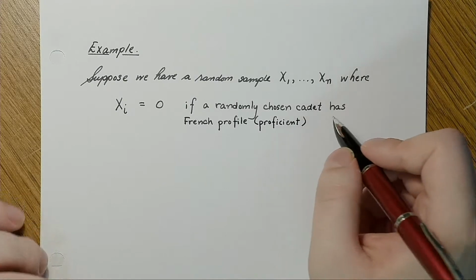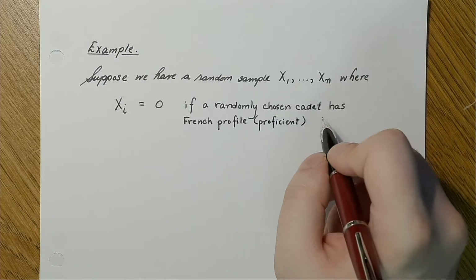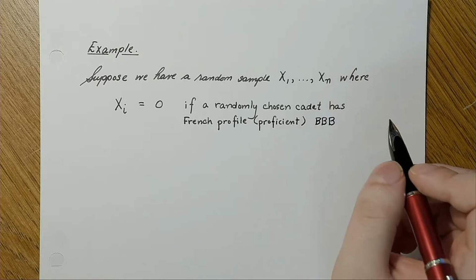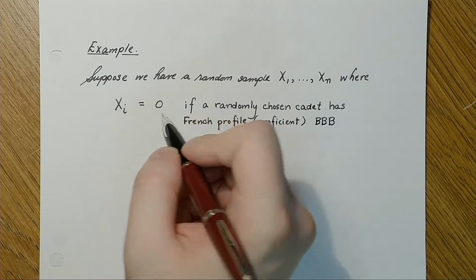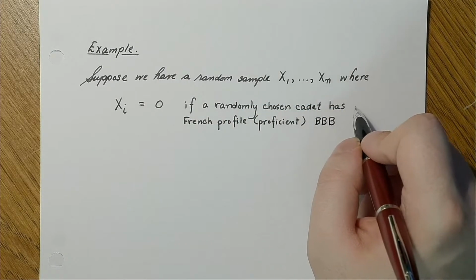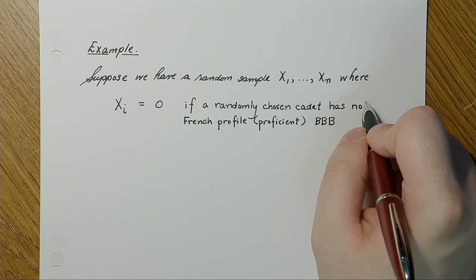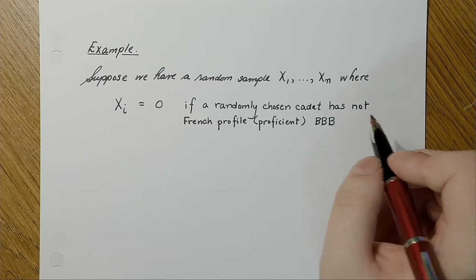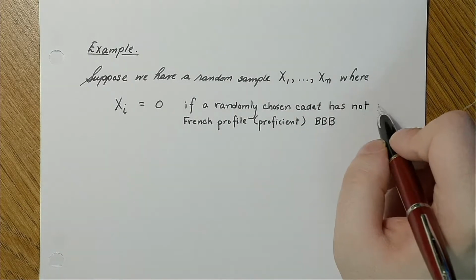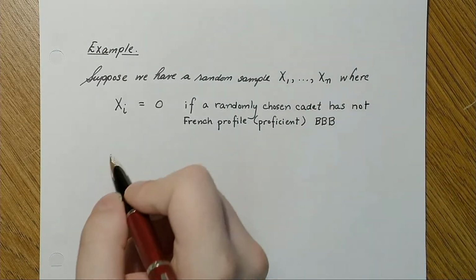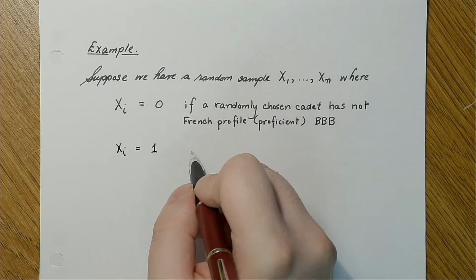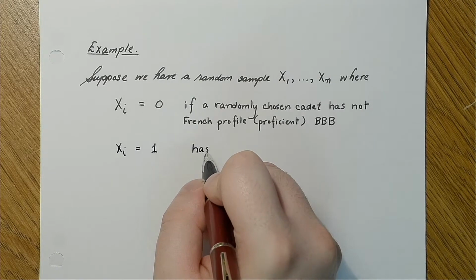I know I wrote proficient. So let's say that they have, well, let's use 0 as being false. So if a randomly chosen cadet has not French Pro BBB, so they don't have it, and they have BBB.